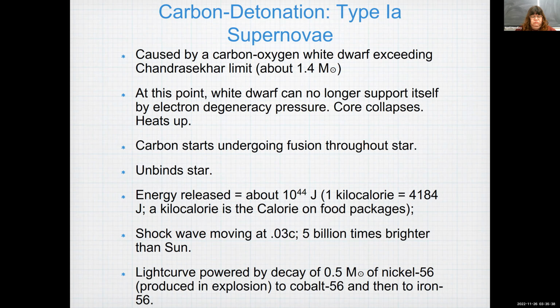But once this white dwarf reaches 1.4 solar masses, it no longer can prevent gravity from collapsing it further. And the core will collapse. As it collapses, it heats up, and carbon undergoes fusion throughout the star at once. And basically the star blows up.